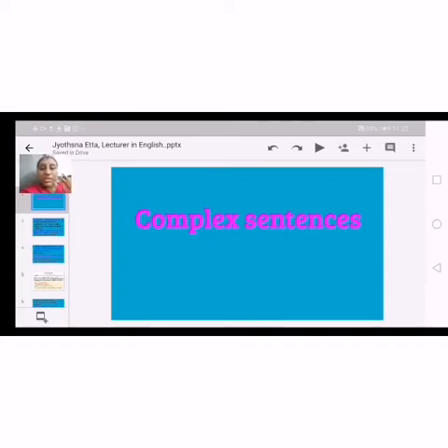Observe these two sentences. Just keep these two clauses in your mind: main clause, subordinate clause, independent sentence and dependent sentence. Now we are moving to complex sentences.